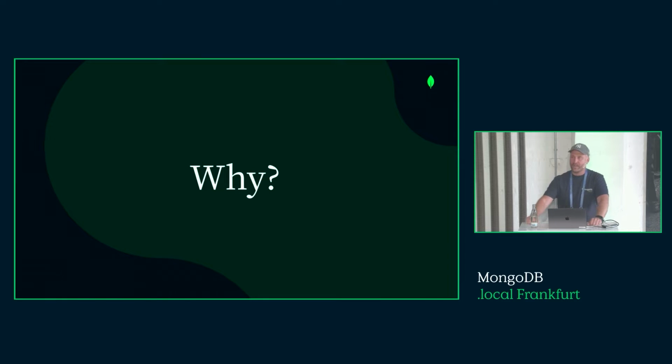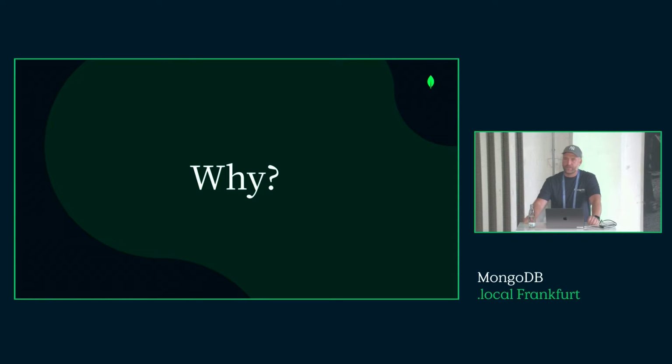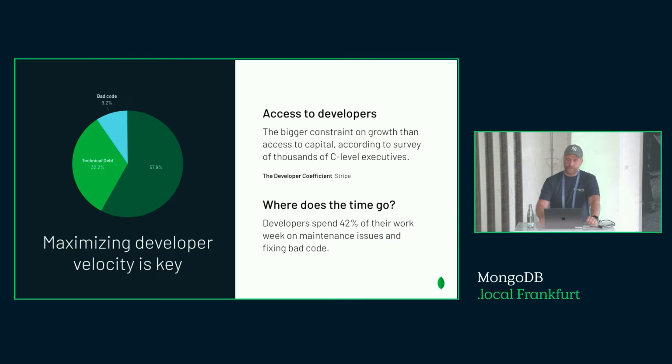Okay, but why is this so important to have such a platform under the hood? I want to point you to a paper published by Stripe in the year 2018. This comes out of a survey of thousands of executives, and they came to the conclusion that access to developers is actually harder than access to money.